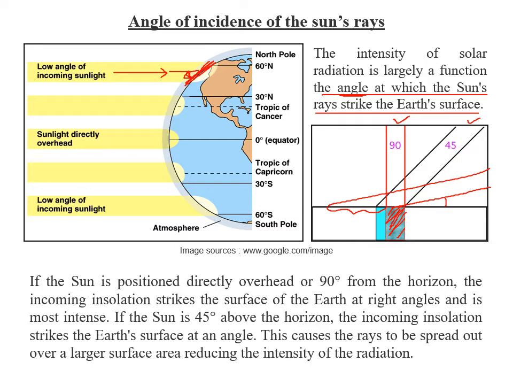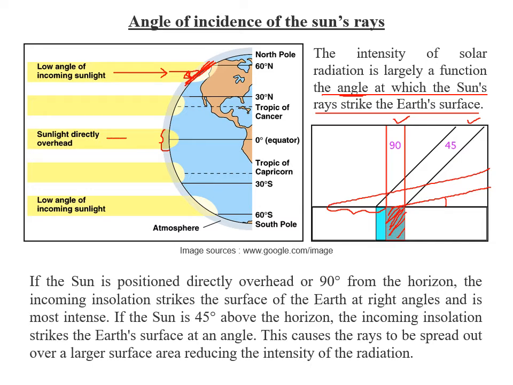So you can see that near the equator, almost throughout the entire year, sunlight falls at an angle of about 90 degrees. But as we move towards the polar side from the equator, that means with increasing latitude, we can see that the angle of incidence is gradually decreasing.